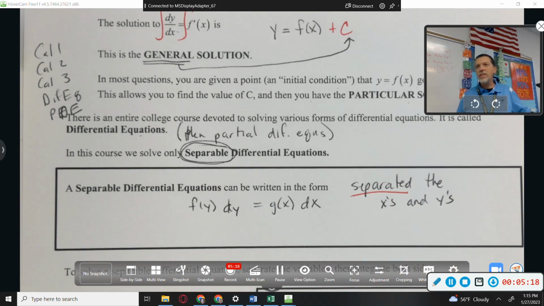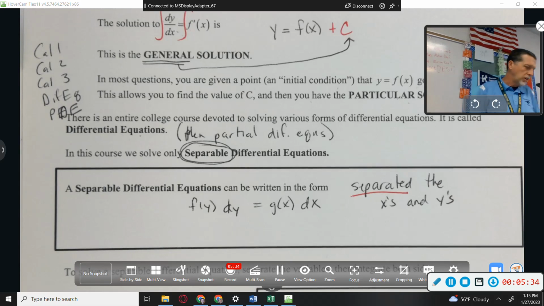If you can't separate the x's and y's, you're not doing an equation in this class, because we're not going to do those. If you can't figure out how to separate them, then either I made a mistake writing the problem, or your algebra skills need some work to get the x's and y's separate from each other.